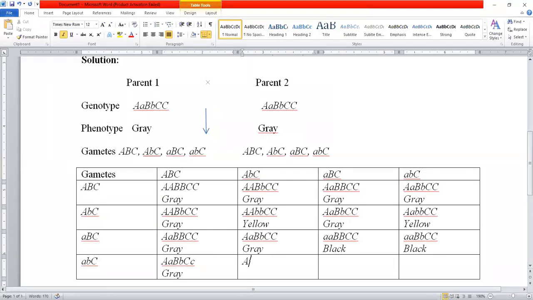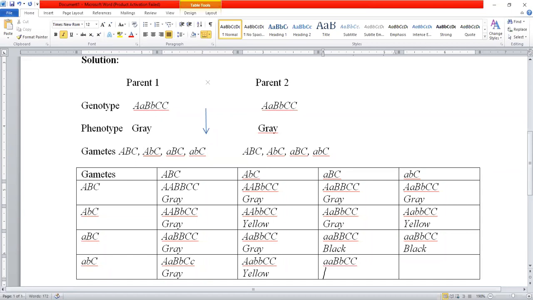This would be capital A, small b, capital C, capital C. Here is the small b in presence of a dominant C allele, so this would be yellow coat color.